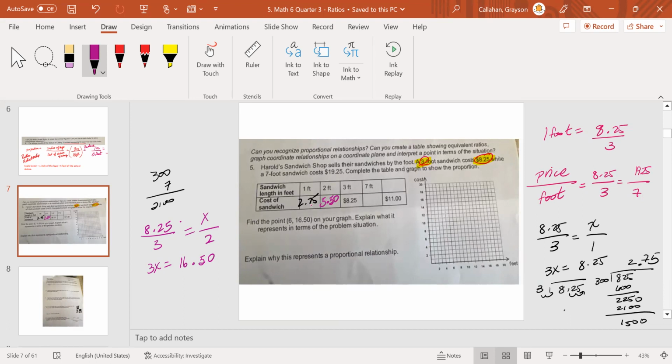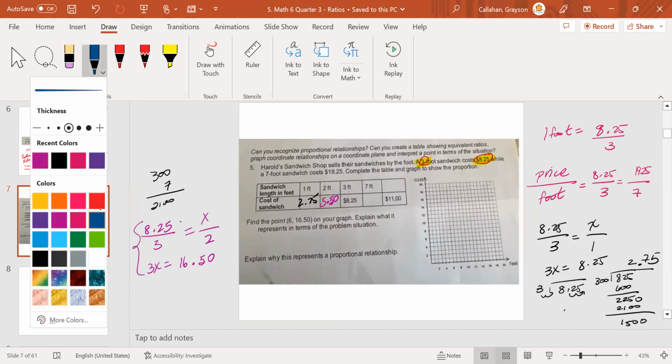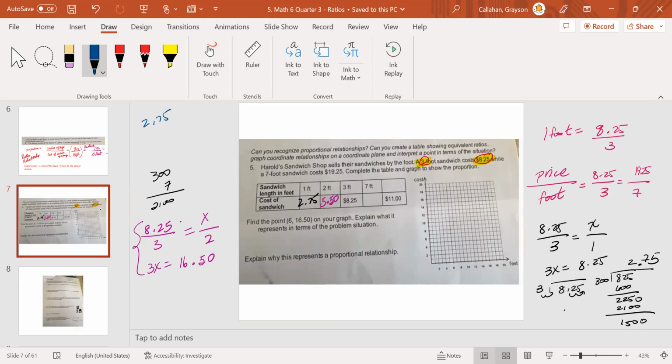So what you can do is, 1 foot is $2.75, right? Because this right here is a lot of work. Do you agree? If 1 foot equals $2.75, for 2 feet, can we just do $2.75 for 1 foot times 2? That'll give you 5.50. Did it give you the same answer, Grayson?